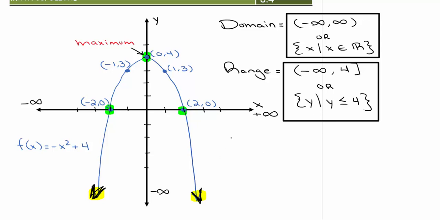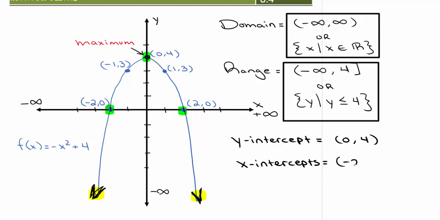I'm going to actually write in the y-intercept. So the y-intercept is going to be (0, 4), and the x-intercepts are going to be at (-2, 0) and (2, 0).